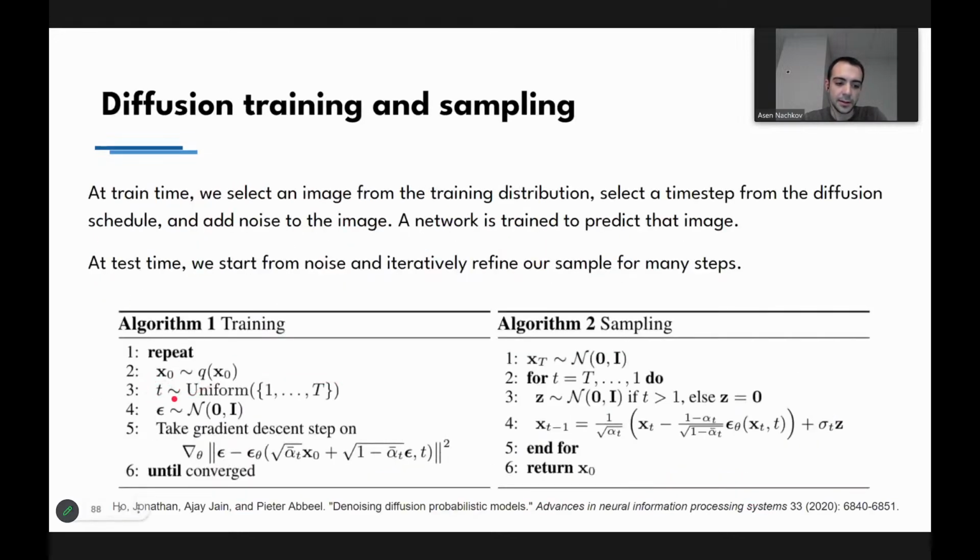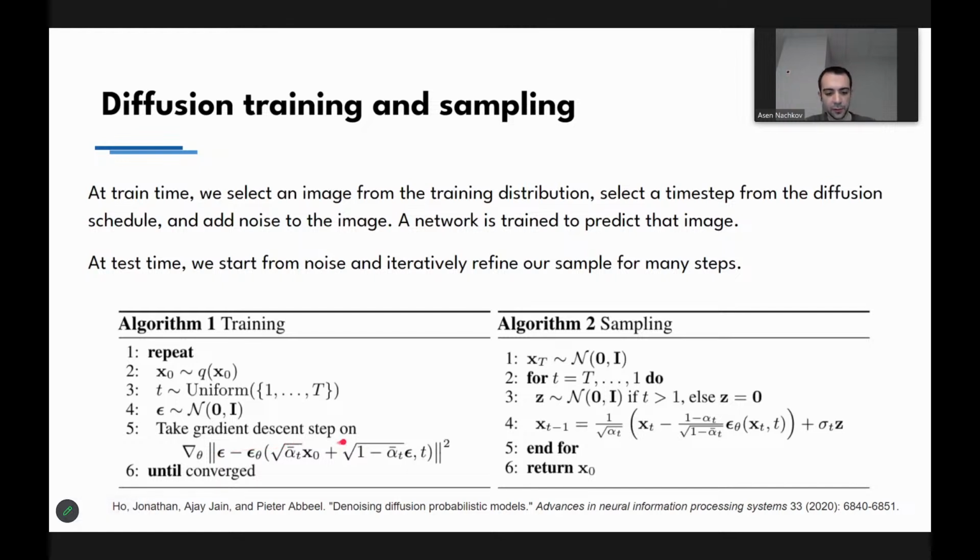Then we compute the noisy version of the image from the clean version. So x0 is the clean one, and this calculation here gives us the noisy version. Once we have the noisy version, we give it to the model. This is the model, it's a function. And the model gives us an estimate of the noise. And this estimate gets supervised by the actual noise that we have added. So this is the loss.